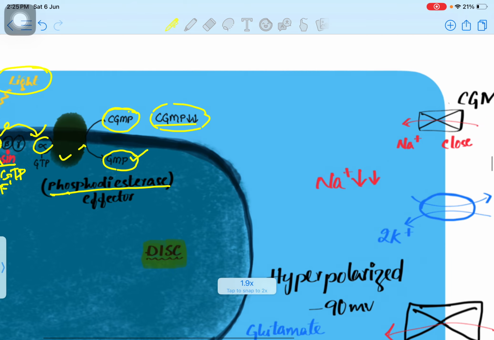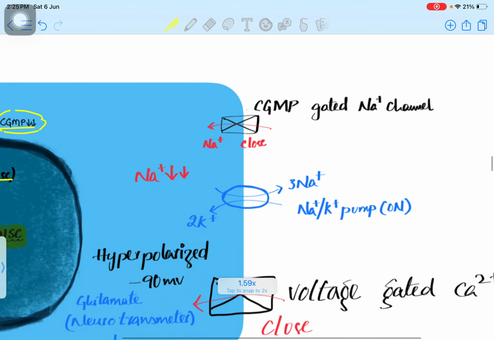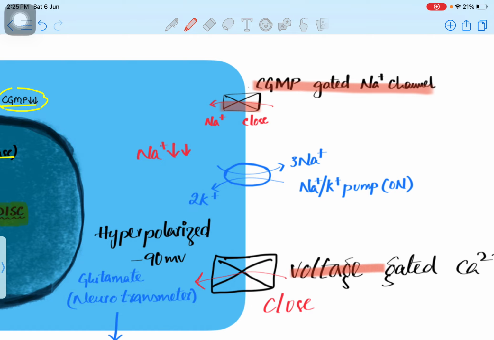Because of the decrease of cGMP, negative things are going to happen. The cGMP-gated channel will get closed. Also the voltage-gated calcium channels will be closed.